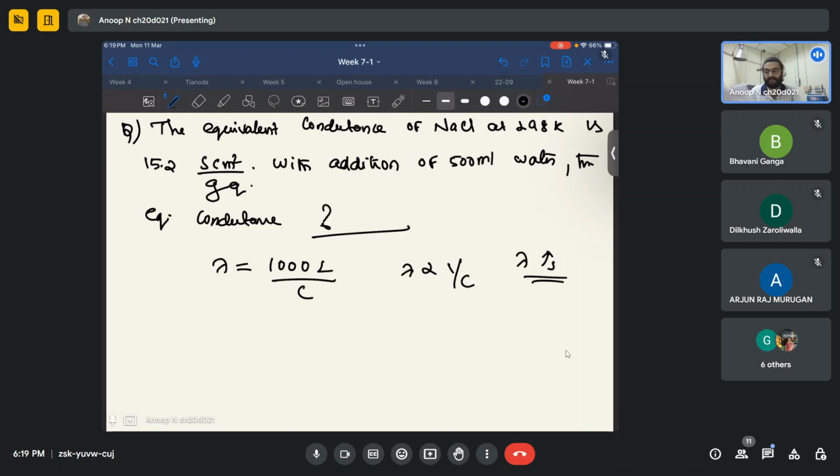So the last question from last week's homework.